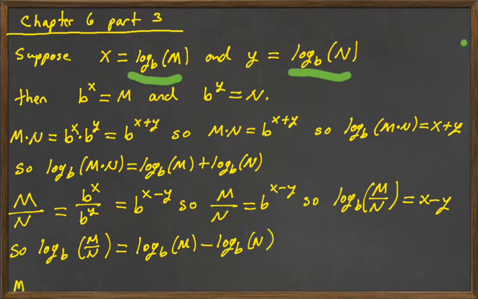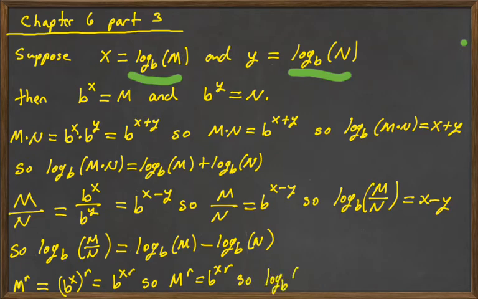And then finally we have the power rule, so we'll just pick on one of them. So we'll raise m to the r power. m is b to the x, so we'll raise that to the r power. Multiply your exponents. So we have m to the r is equal to b to the xr. So we're going to go ahead and rewrite this. Our base is b. m to the r power inside the logarithm, and that's going to be equal to the exponent, which is xr or rx.